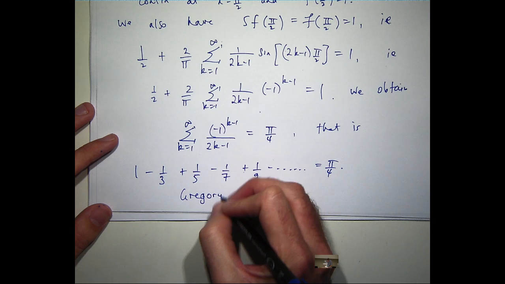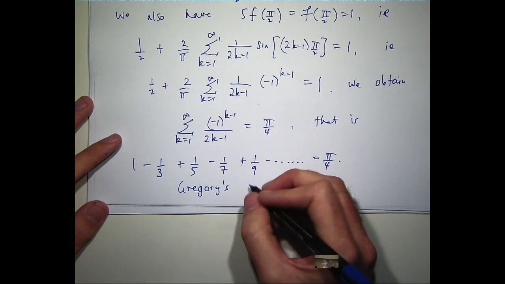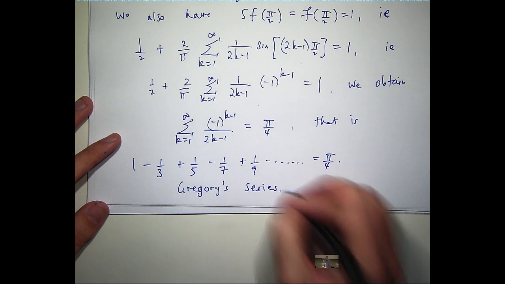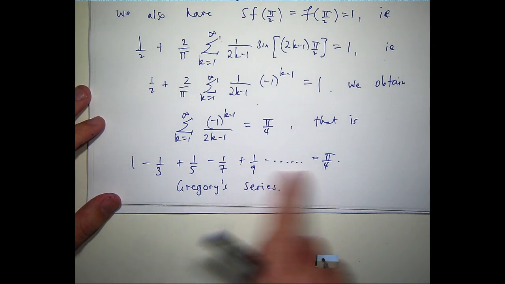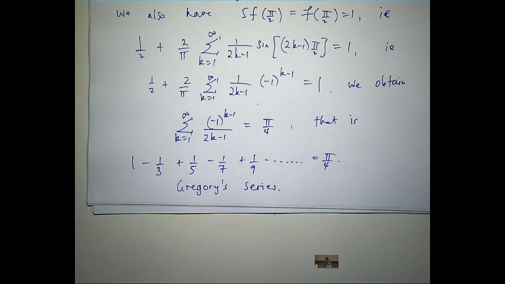It's an alternating series, and it's attributed in some parts of the world to James Gregory, who was an astronomer and a mathematician. So this now shows you how you can use Fourier series to get the value of infinite series, which is very, very difficult.